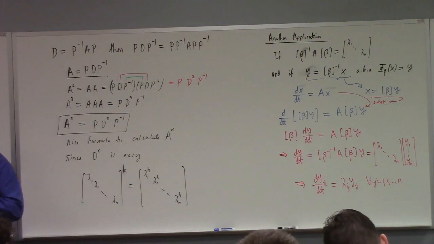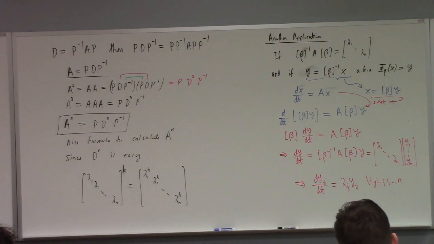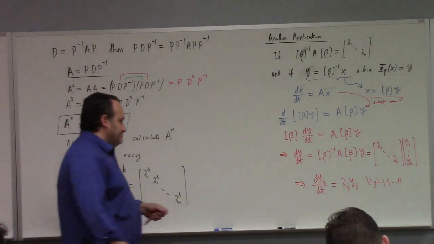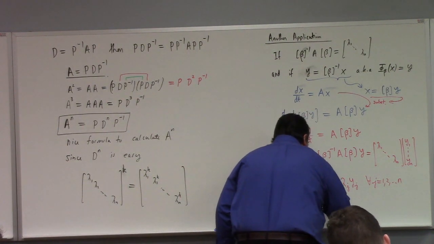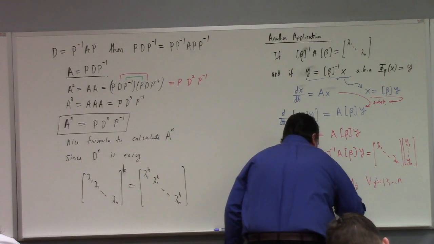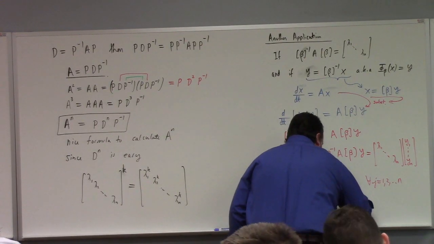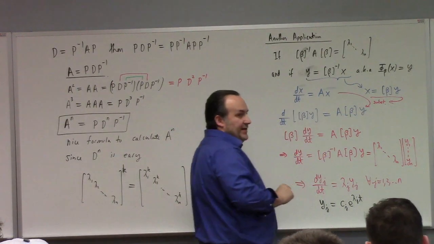Which is super nice, because if you've had calculus 2, you've already solved this differential equation. It should have been the first or second one you did when talking about separation of variables. Separate, integrate, clean it up. The solution's an exponential, right? So yj is equal to a constant times e to the lambda j t, by calculus 2.